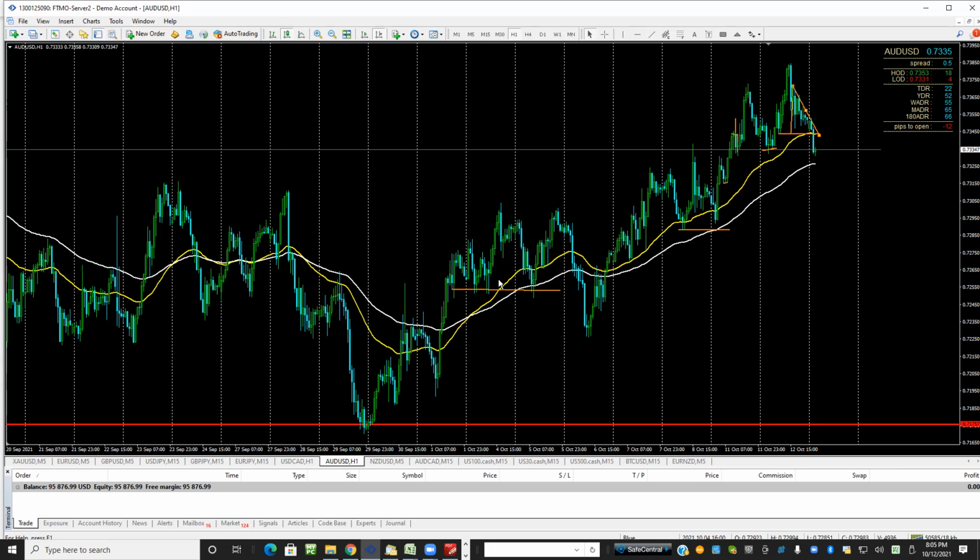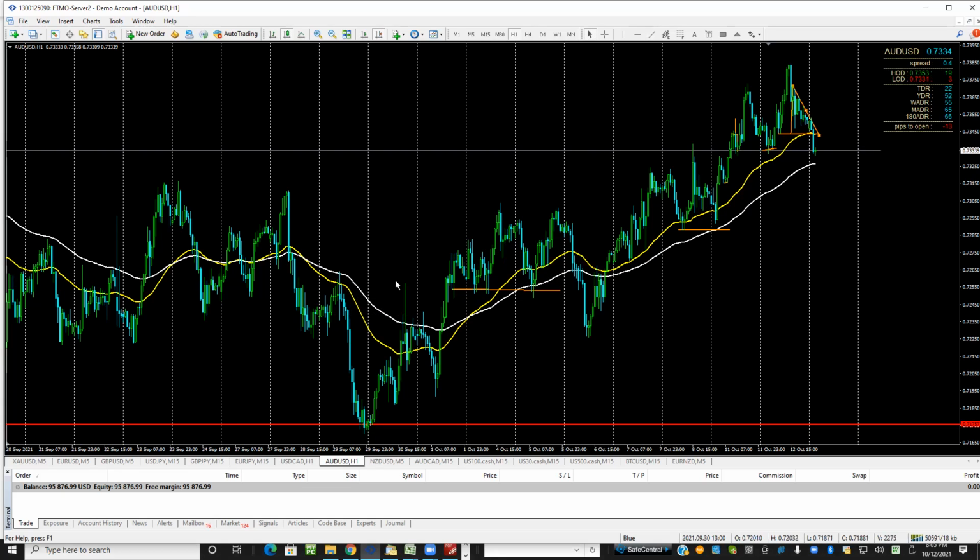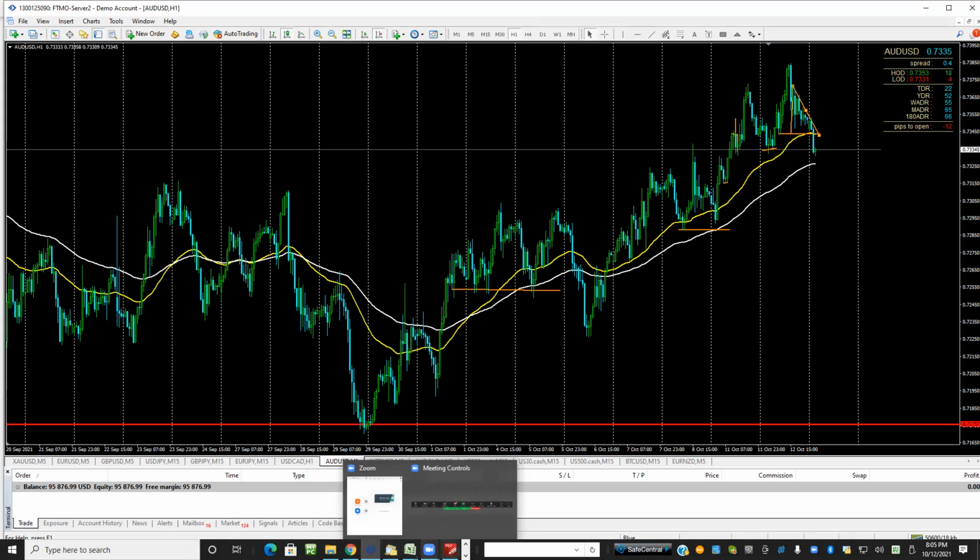And now I'm going to sit back and see how the structure forms again. But I only try to look for things that I have a really high probability that the structure is going to continue. And the structure is either a trend up, a trend down, consolidation. And here are the different types of consolidation patterns.